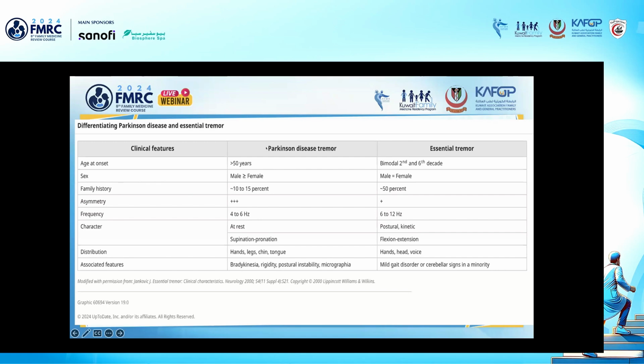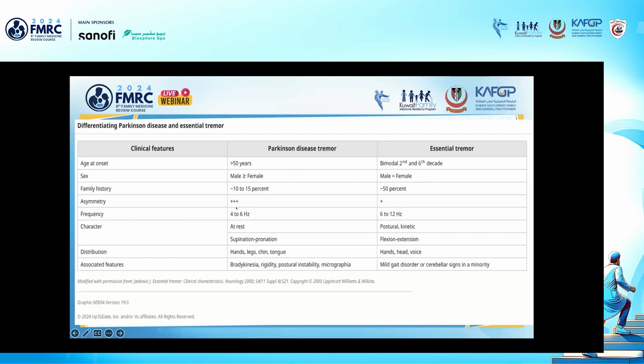Usually, males are affected more than females in Parkinson's disease. Here, it's equal. Family history is more present in essential tremor. Asymmetry is more seen in Parkinson's disease. Usually in essential tremor there's symmetrical involvement.